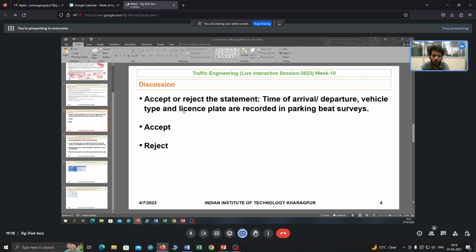There are three types of service that I discussed. One is the videographic survey, which continuously monitors. Another is the parking beat service, which we usually do for short intervals like 5, 10, or 15 minutes. And the overall gross level of service is the parking occupancy service.